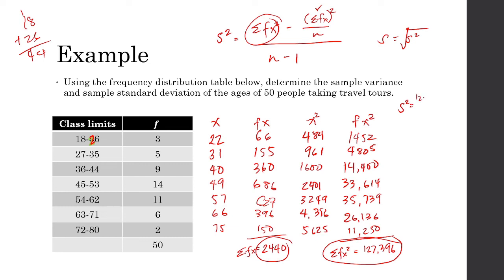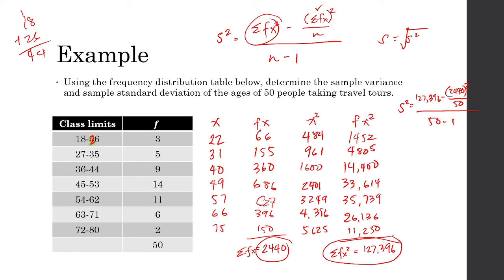Isahin ko na lang, 127,396 minus 2,440 square over n, which is 50, divided by 50 minus 1. Okay?